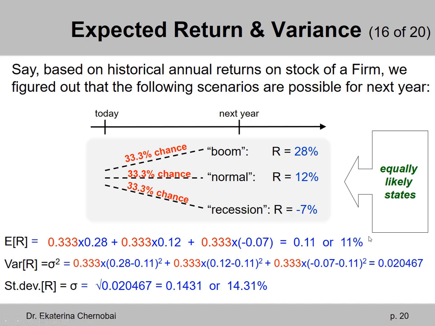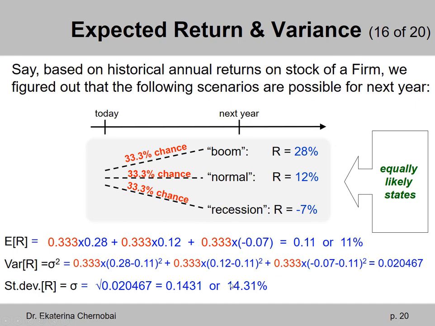So you can then add a second sentence which says, however, the actual return that you will be getting will be on average 14.31% either above or below the 11% expected return.